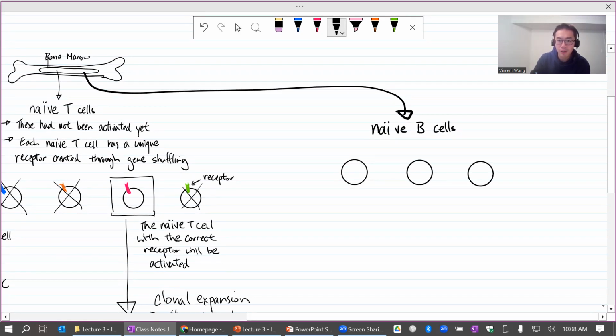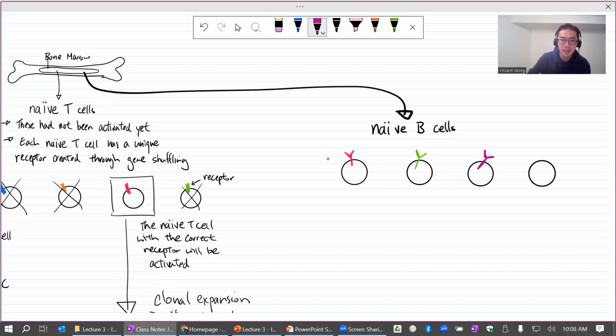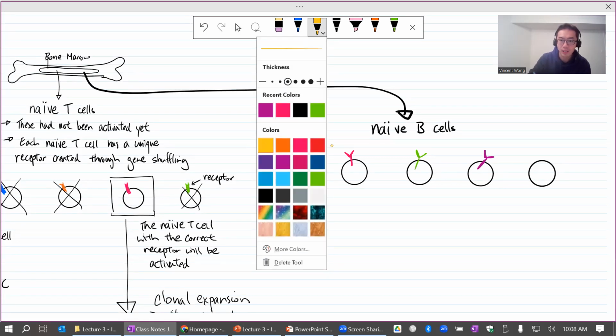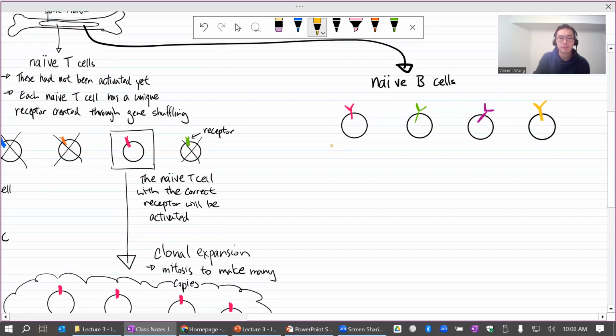We will have a bunch of naive B cells. Some will have the ability to make red antibodies, some green antibodies, some purple ones or yellow ones. It doesn't even have to be the same as these ones; in fact, they are probably not the same.